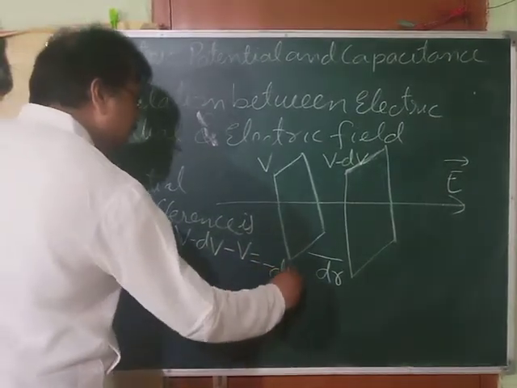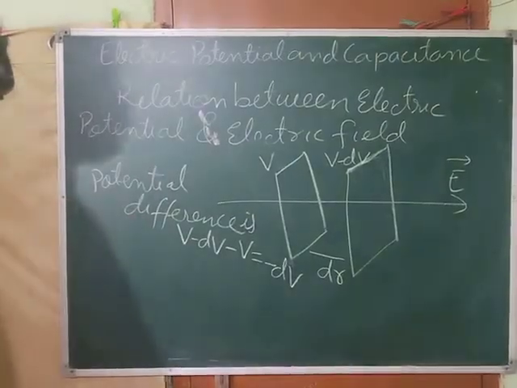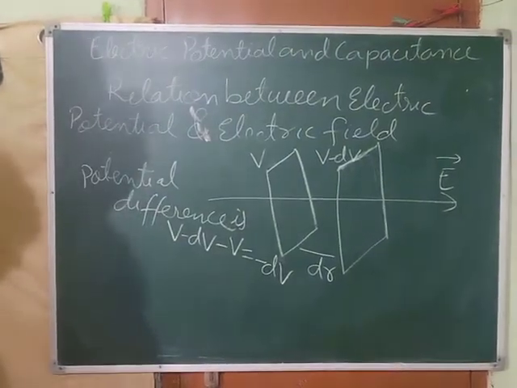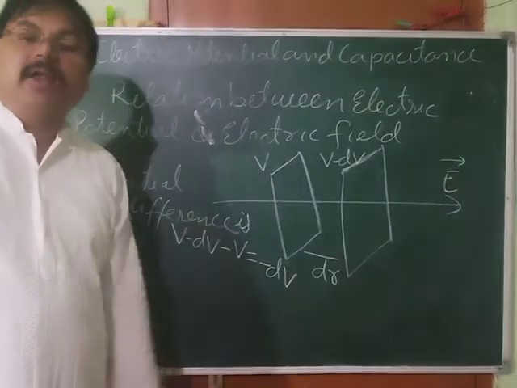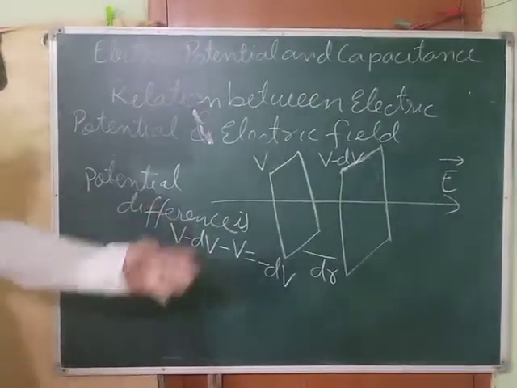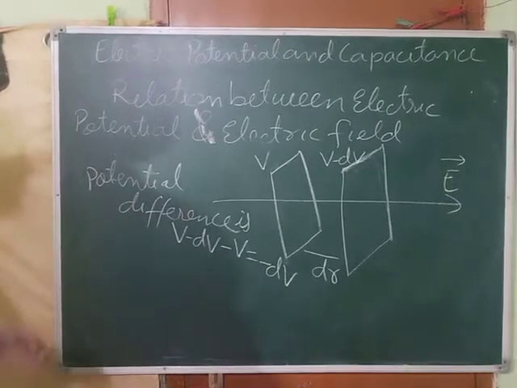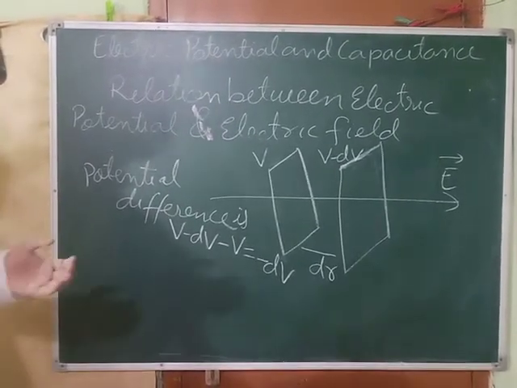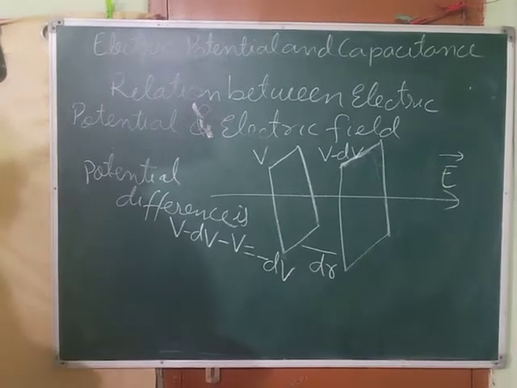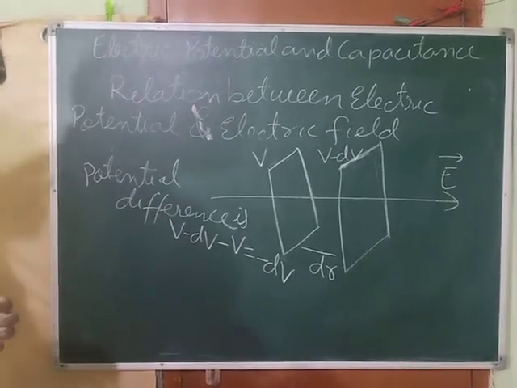Minus dV. That is the potential difference. Now, in order to achieve this potential difference, how much do you have to move along the direction of electric field? dr distance. So what is the rate of change of potential with respect to distance when you are moving along the electric field?